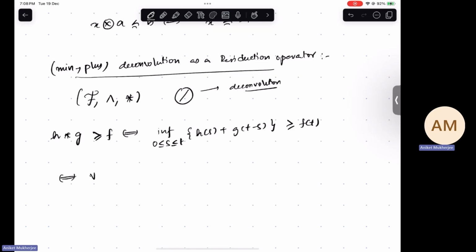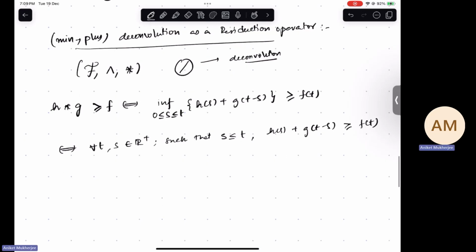This means that for all T, S belonging to R plus, such that S is less than or equal to T, H(S) plus G(T minus S) is greater than or equal to F(T), because the smallest value of this set is greater than that.